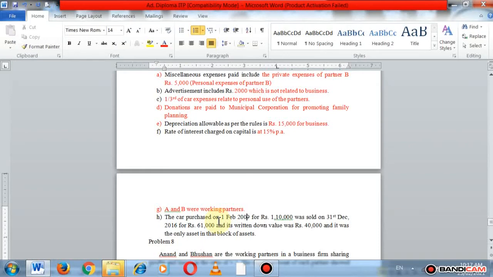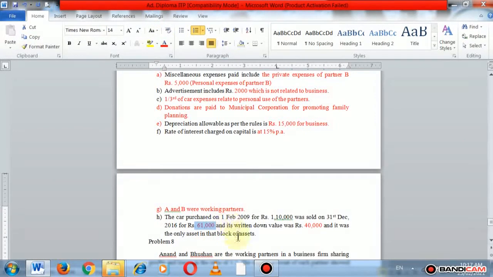It was the only asset in that block of assets. So the written down value of the car on 31st December 2016 is rupees 40,000, and the car was sold for rupees 61,000.